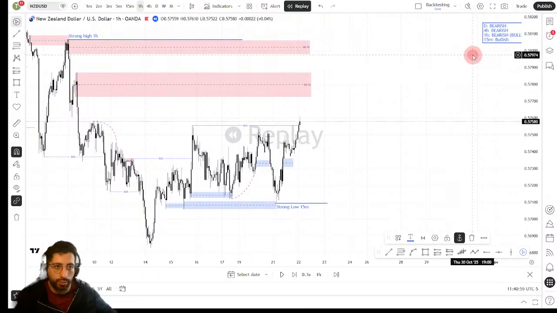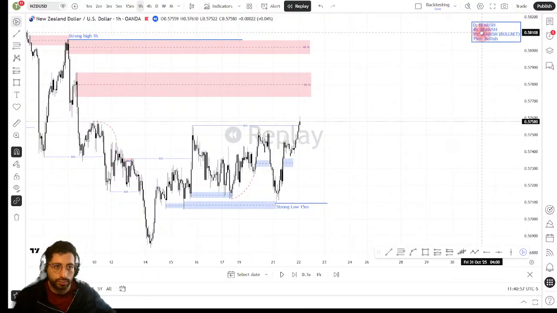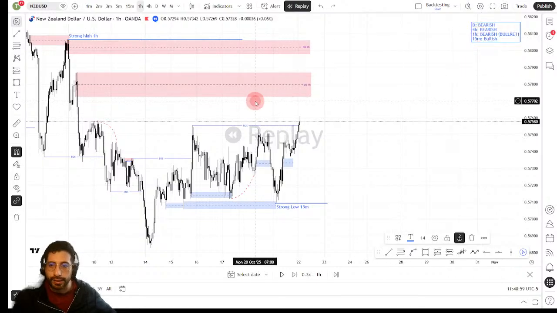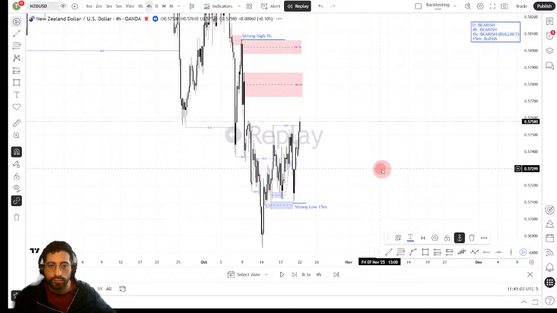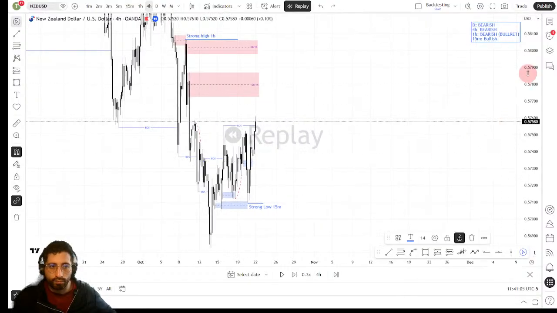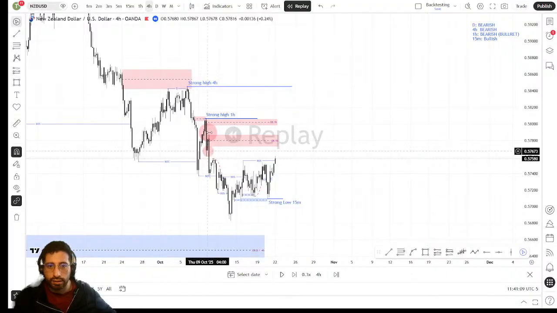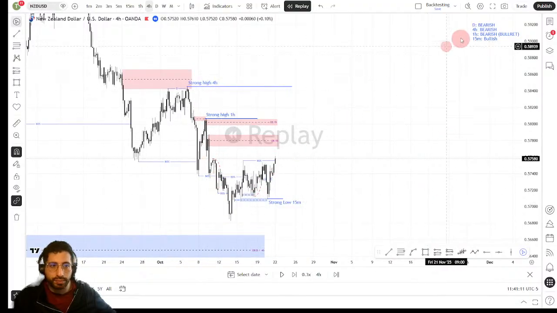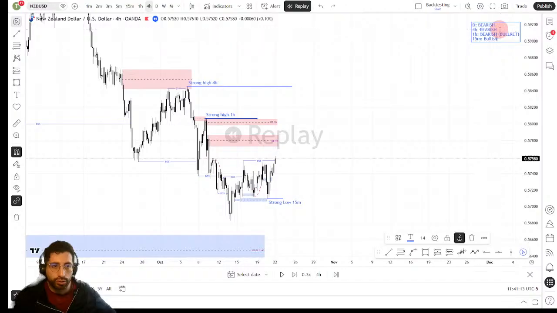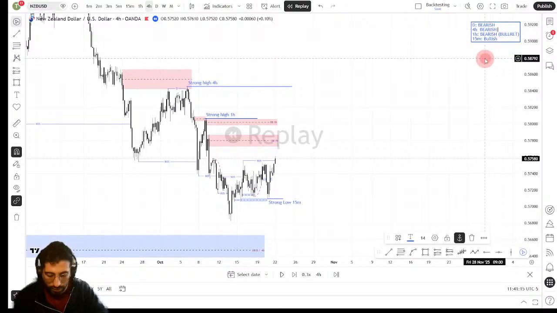I call it a bull rate. Simple. And I think in 4 hours it looks like the same. In both, yes, it's making a bull rate as well. Bull rate, which is a bullish retracement.